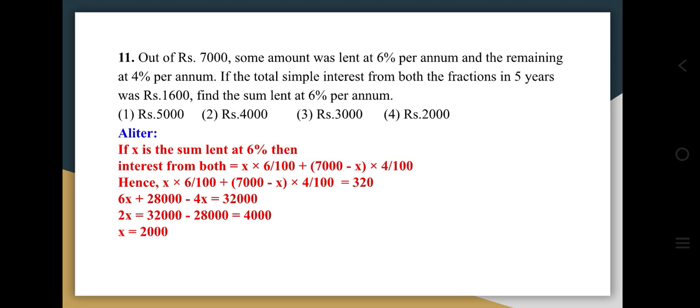Cross multiply the equation by 100. We get 6x plus 28,000 minus 4x is 32,000. So 6x minus 4x is 2x. So 2x is 32,000 minus 28,000, which is 4,000. So 2x is 4,000. So x is 2,000.